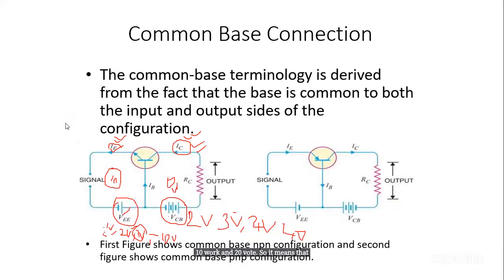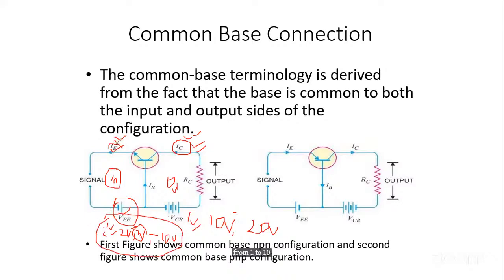It means that VCB was kept constant at 1 volt, then later kept constant at 10 volts, and later kept constant at 20 volts, while VEE or VBE is changing from 1 to 10, and I have different values of IE and IC.